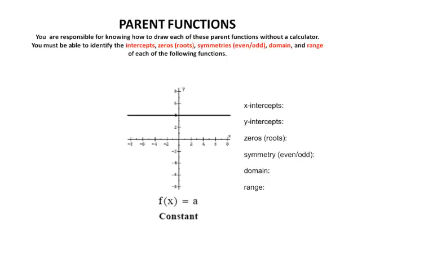This constant function, unless the y-coordinate is 0, will not have any x-intercepts. This constant function, this horizontal line, will never touch or cross the x-axis unless it's the one member of this family where a equals 0. And that is the line that lies on the x-axis and therefore would have infinitely many x-intercepts.